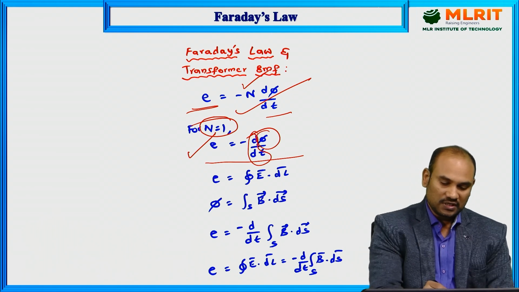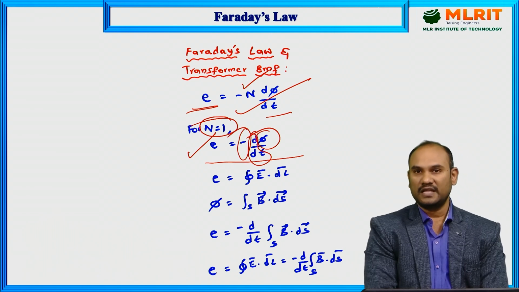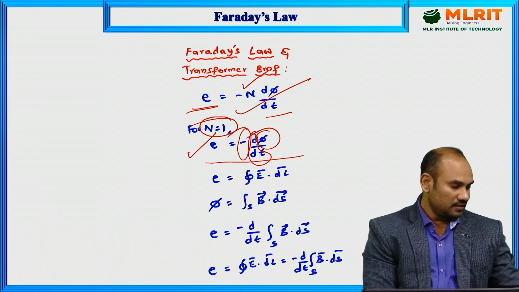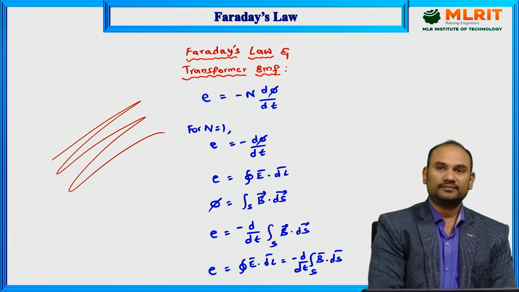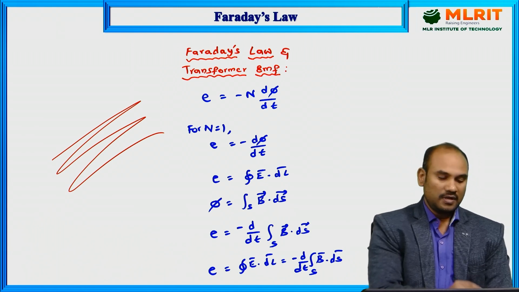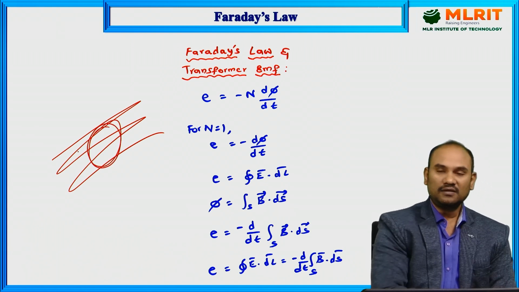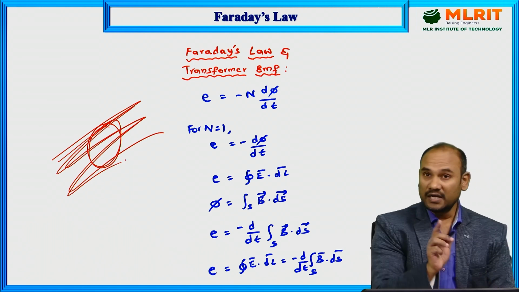Now, what does this negative sign refer to? It is nothing but the observation of contribution of Lenz. What Lenz has observed is this. Try to understand this way, there is a magnetic field here. That magnetic field is represented in the form of magnetic lines of force. In that magnetic field you are placing a conductor. This magnetic field is not a static magnetic field.